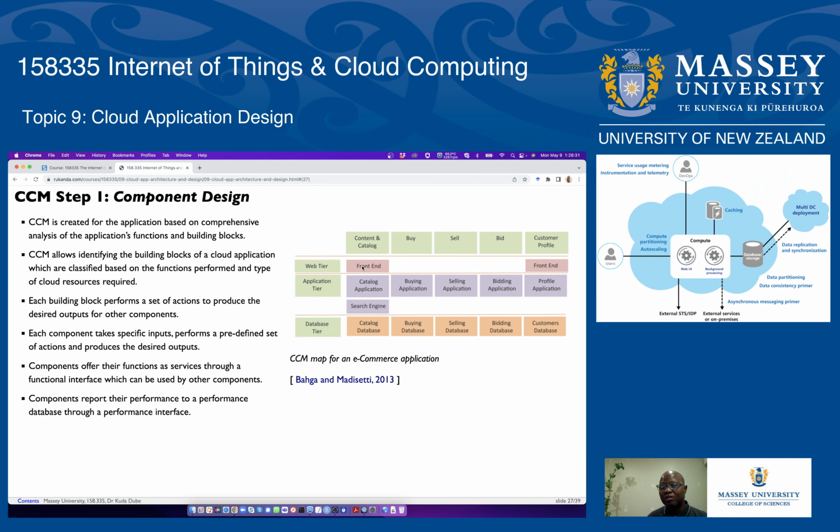And the web tier has a web front end, of course, that's the website. And at a very high level, you can identify this. Probably the top one is the first thing that you do: you identify the functional components of your application.